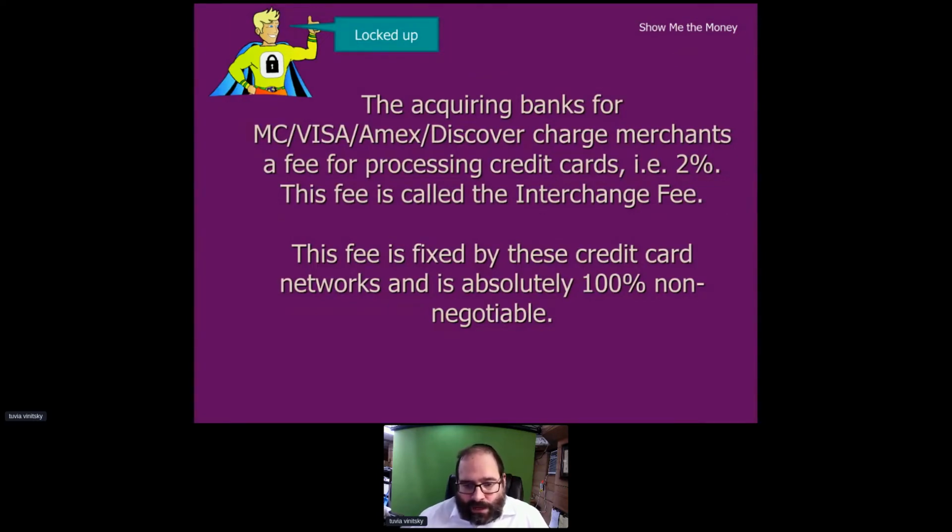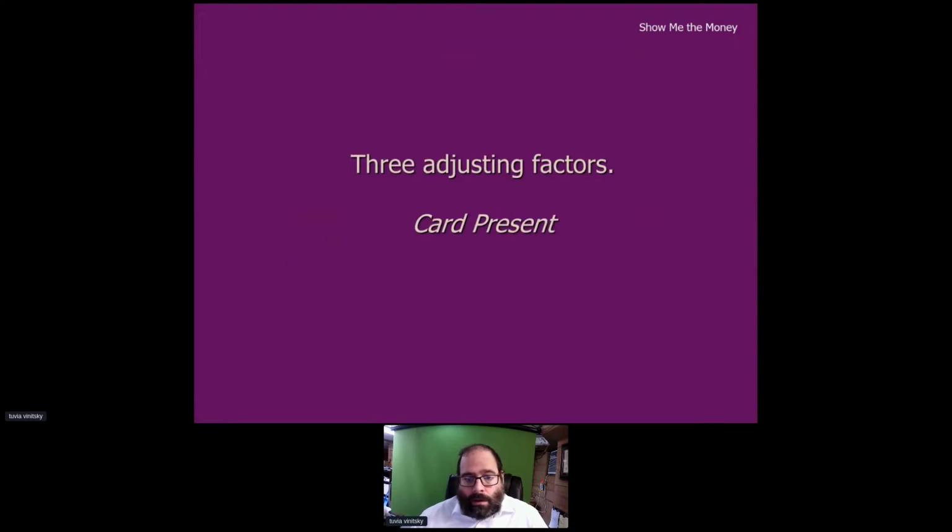And that interchange fee is fixed, it's non-negotiable, and you either pay it or you don't. There's absolutely no way to get a different interchange fee from a credit card processor or an acquiring bank. It cannot be done.